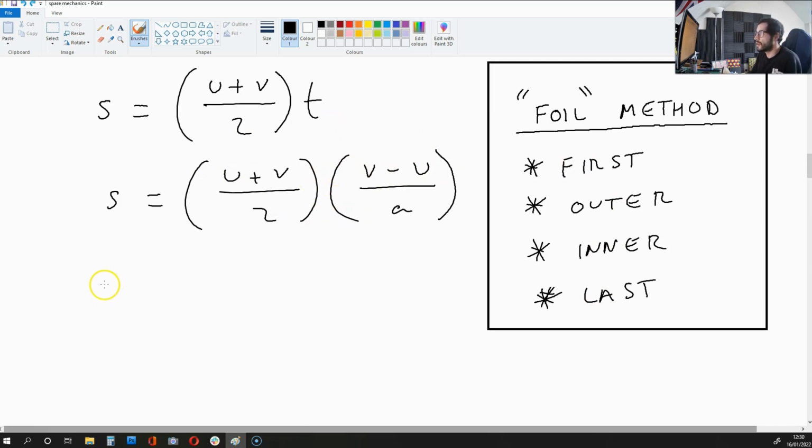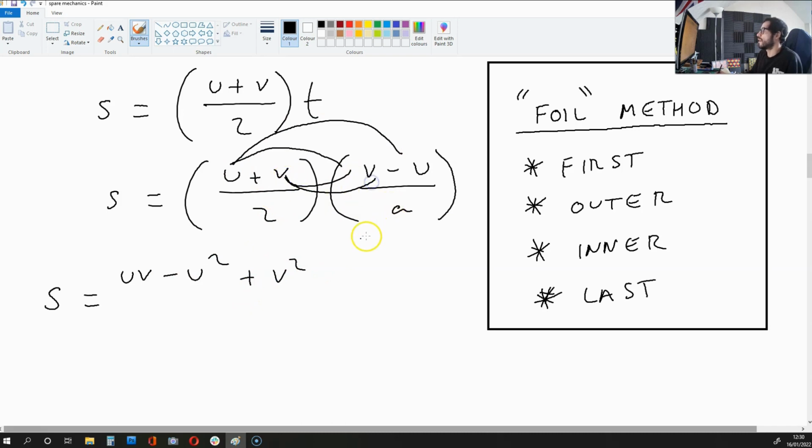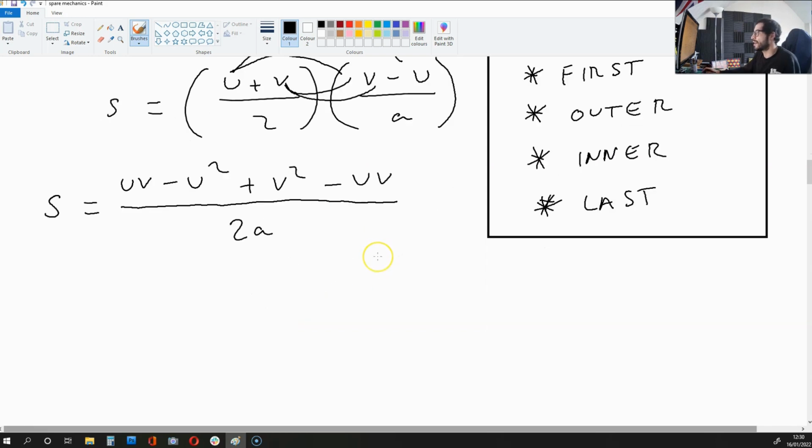If we use the FOIL method, we're going to get S is equal to uv minus u squared plus v squared minus uv, and that is over 2 times a, okay?